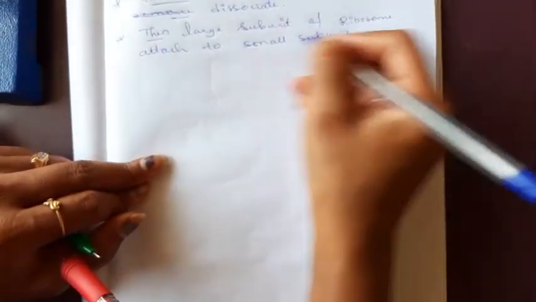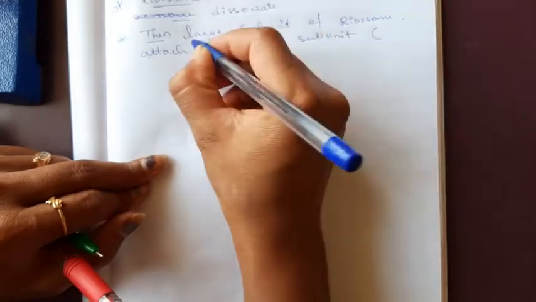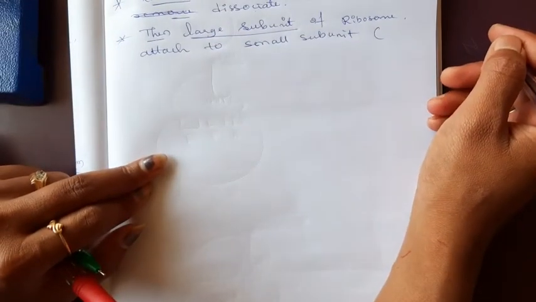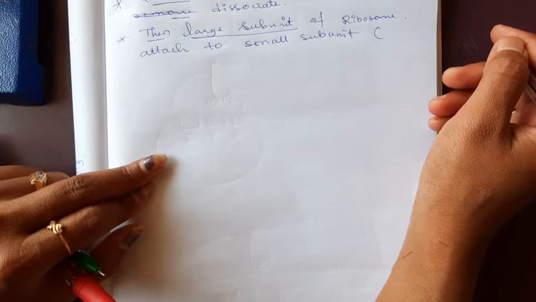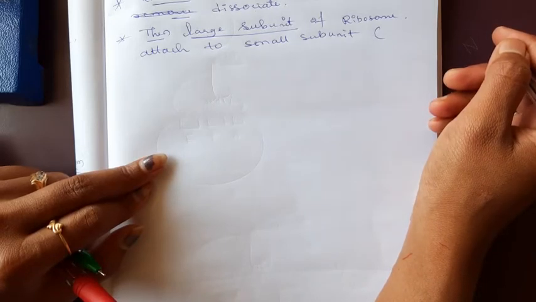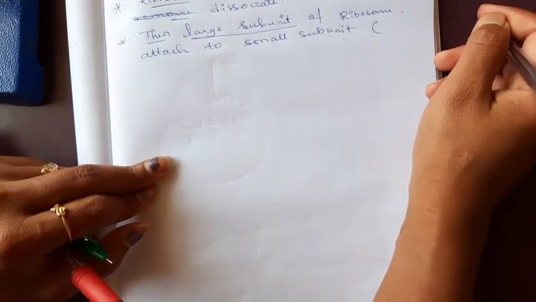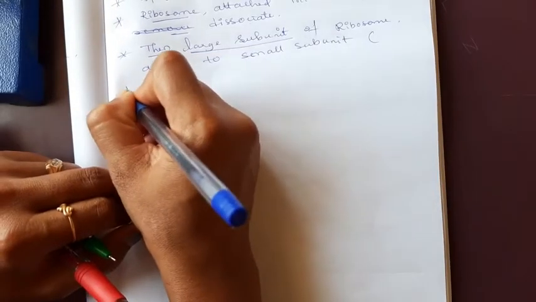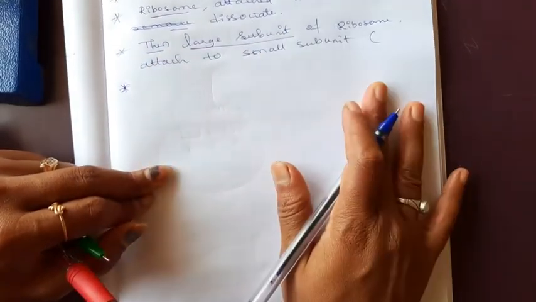Here, large subunit in the sense it is a 60S type, since we are discussing eukaryotes. When the initiation factors are released, the 60S subunit attaches to the 40S subunit for the initiation process. Okay. 1 GTP is required for this process.